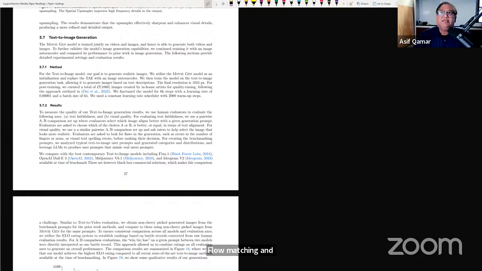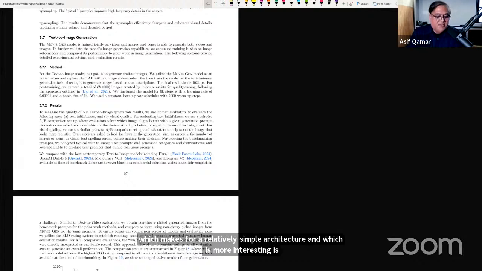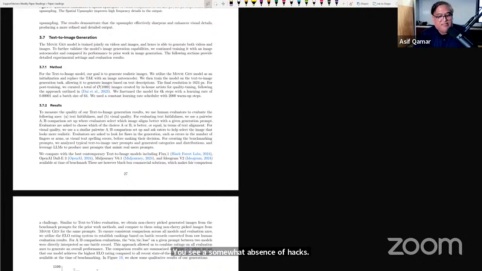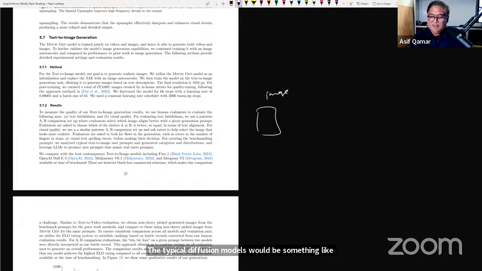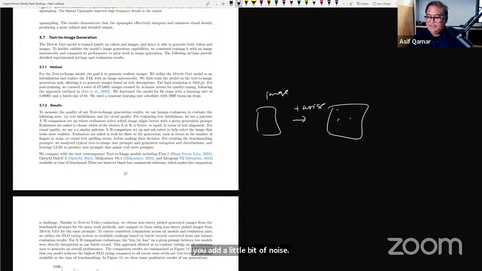What is more interesting is that you see a somewhat absence of hacks. Today, if you look at the way people build, for example, diffusion models, the typical diffusion model would be something like this: you take an image, you add a little bit of noise, you get a noisier version of the image, and then noisier.